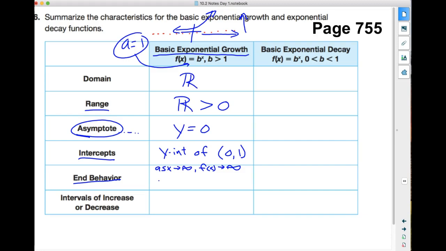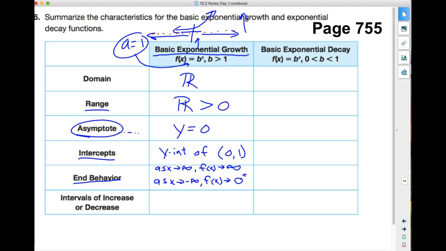If it's left-hand behavior, as x approaches negative infinity, f of x is approaching what? It's approaching 0 from which side? From the top side, right? So remember we put a little plus in there for the top side for my end behavior.